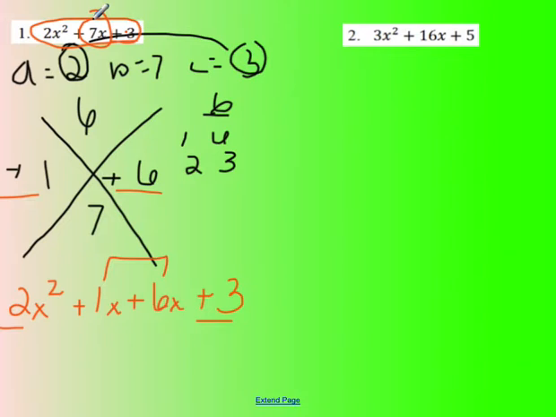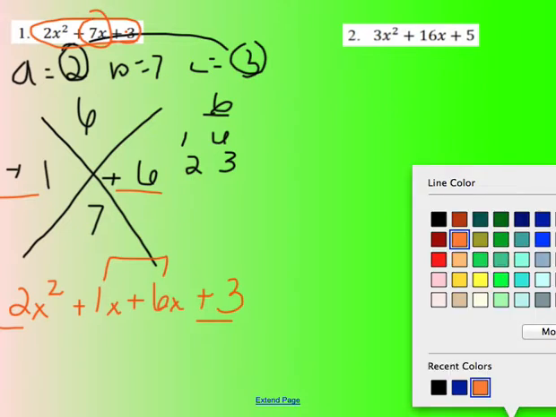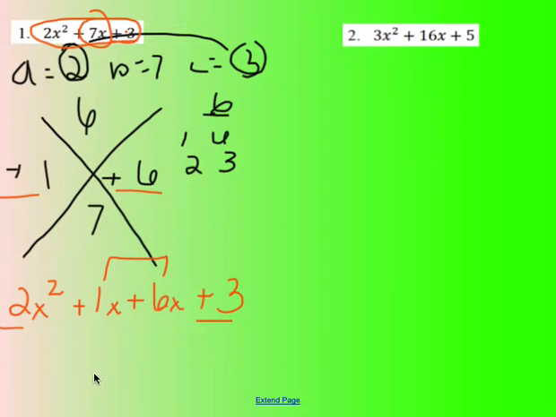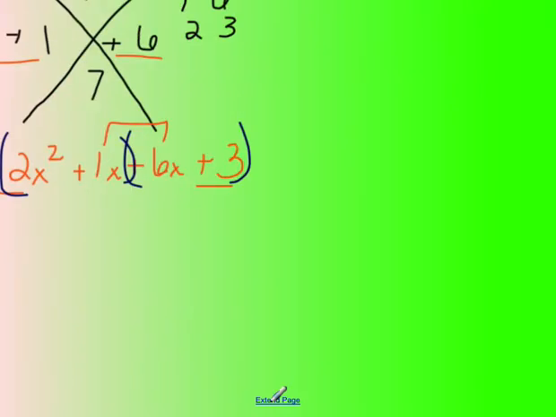All I've done is using the x to figure out how to split up my b term so that I have 4 terms. The reason why we want to do that is because once I have 4 terms, I can factor by grouping. So between 2x squared and x, I can take out an x.